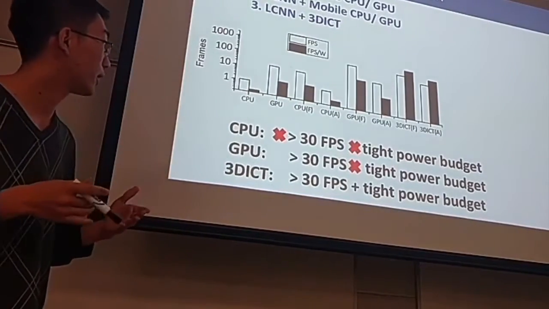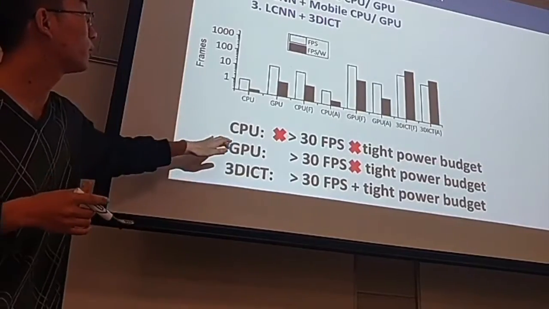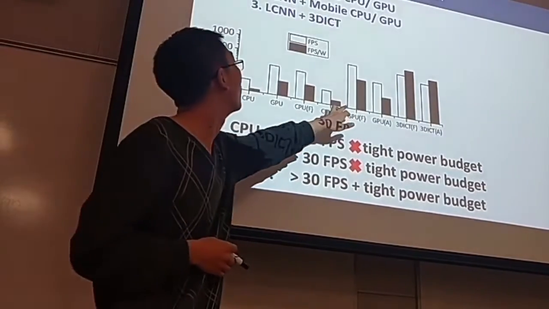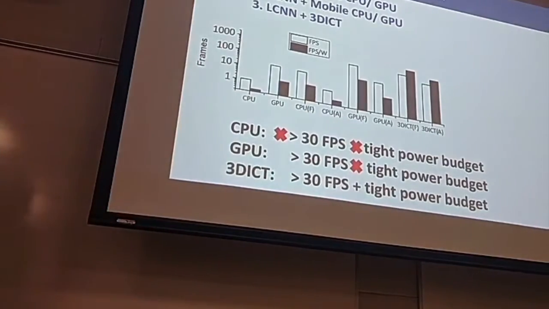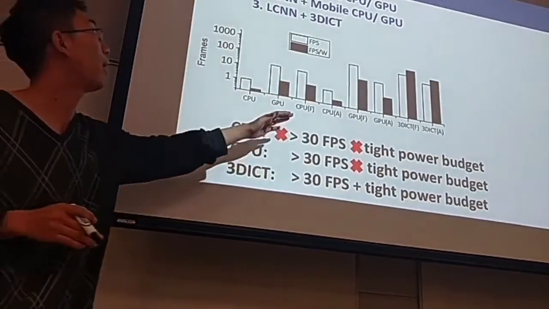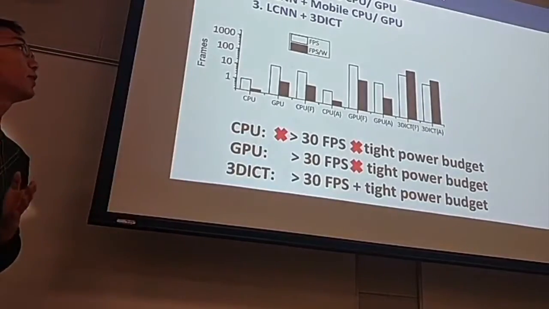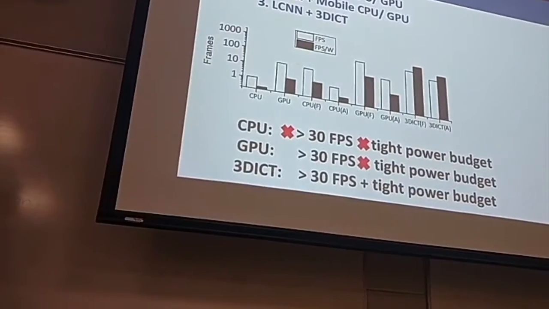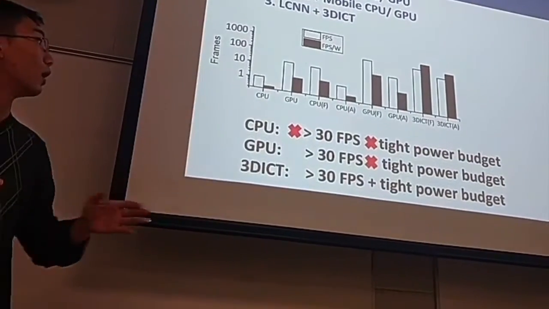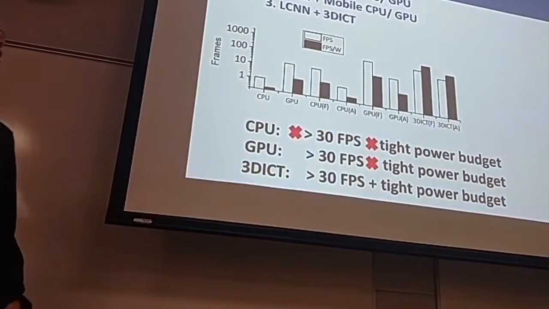One point I want to say is that for the GPU, you can see that the white bar is relatively high, but the black bar, which represents the FPS per watt, is relatively low. At least it's less than 3 digits.